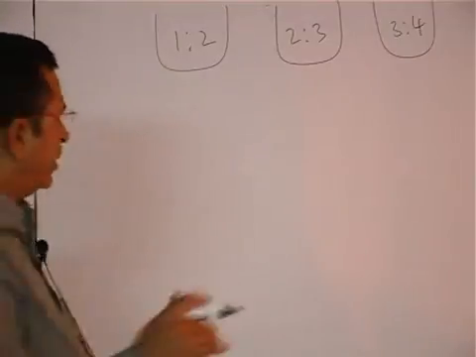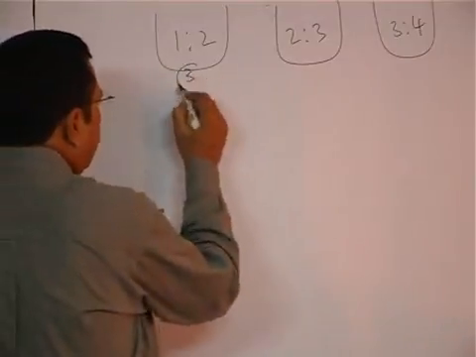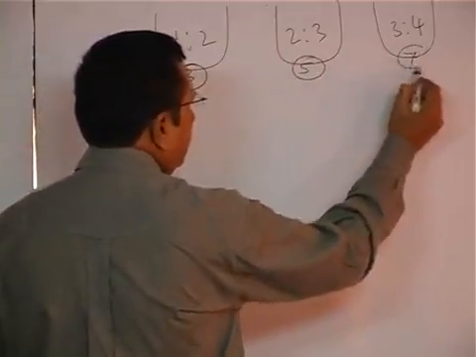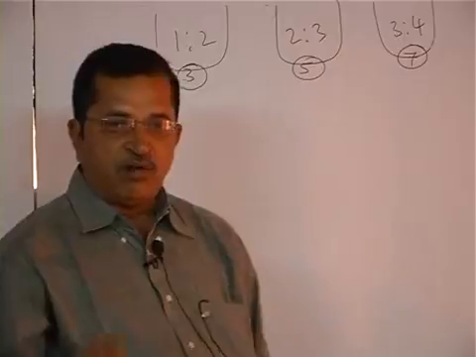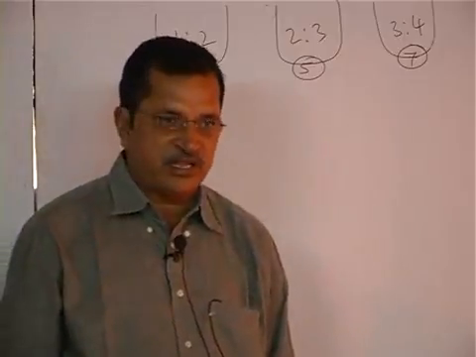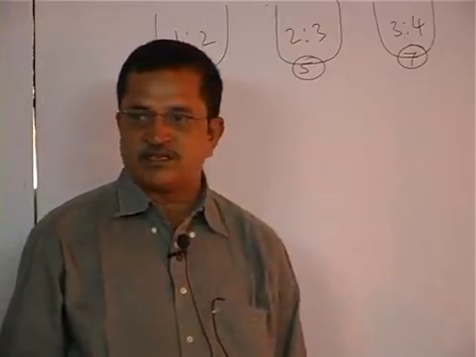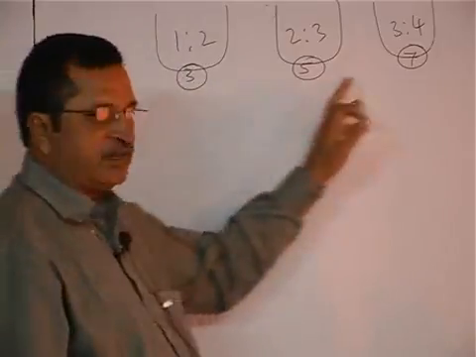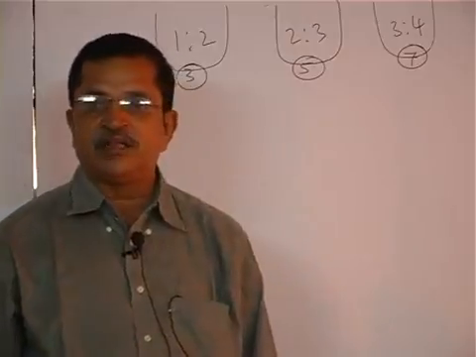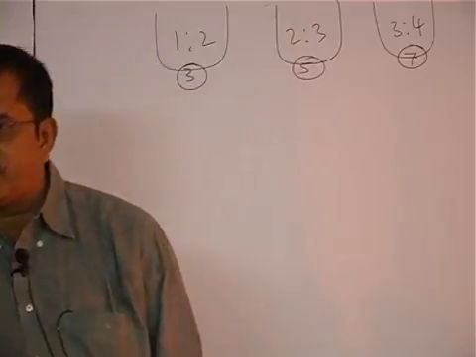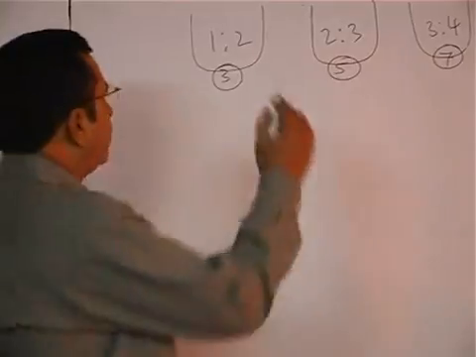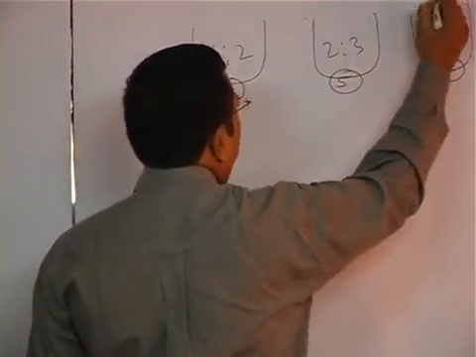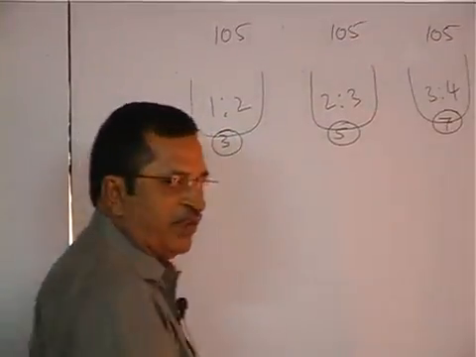See here, in the first container totally 3 parts, second container 5 parts, third container 7 parts. Whatever value you are deciding as the capacity, that value should be divisible by 3, 5 and 7. Better take the LCM of 3, 5 and 7, 105. Assume that each glass capacity is 105, 105 and 105 liters.